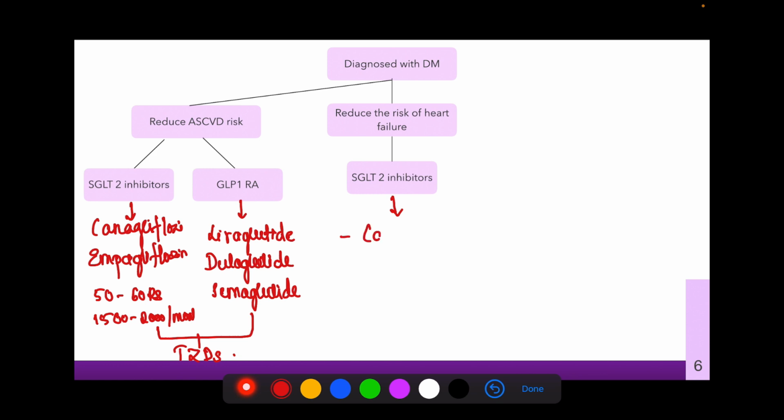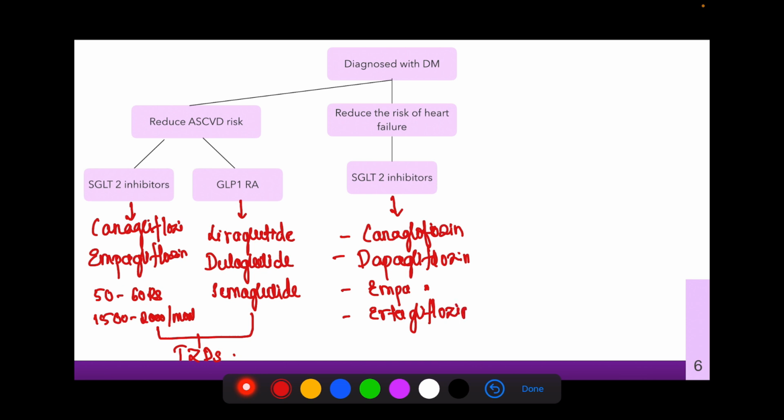Here, all are known to reduce the risk: canagliflozin, dapagliflozin, empagliflozin and ertugliflozin. The affordable SGLT2 inhibitor is dapagliflozin. You can use it, but these are very rare because they are very, very costly.